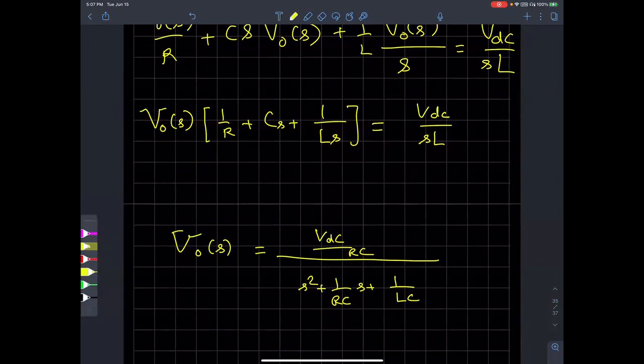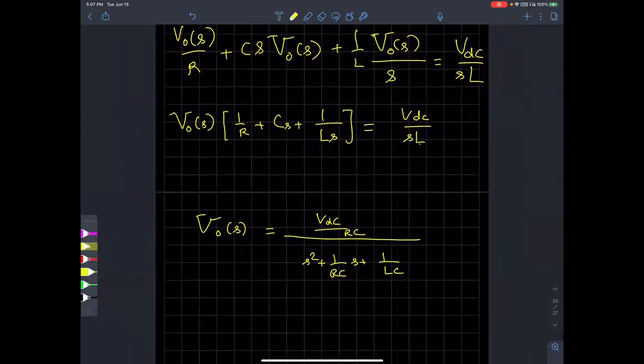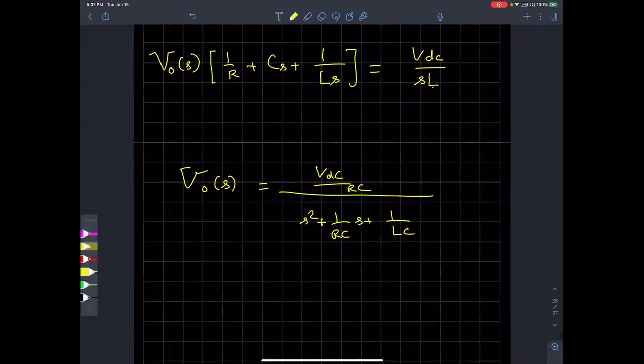The manipulation from there is more or less straightforward: you take VDC over S, multiply this by SL on both sides, and do some simple algebraic manipulations.